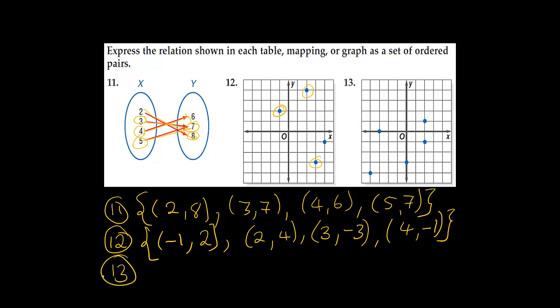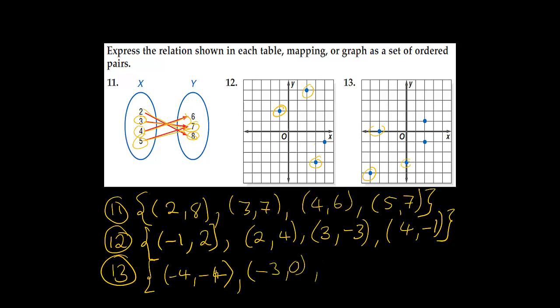And question 13. Start with the leftmost one. You can start with any, you can do it in any order, it doesn't matter. So our first one is going to be 1, 2, 3, 4. X is minus 4 and y is 1, 2, 3, 4. Y is minus 4. My second point, x is minus 3 and y is 0.